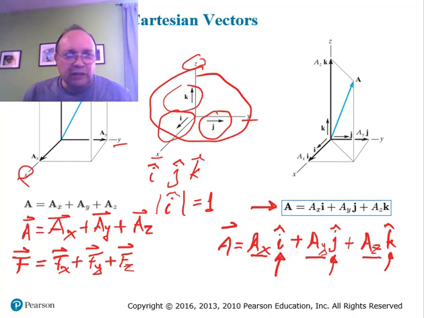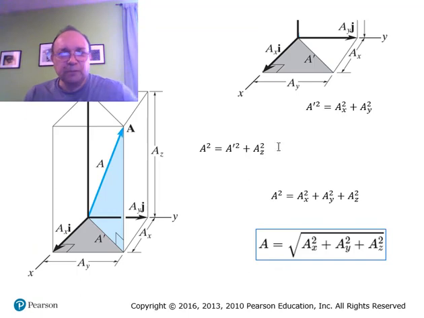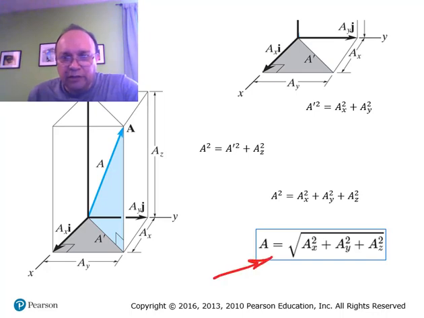Let's take a look at another equation that's going to be very important here. This equation is also very useful: the magnitude of a vector can be found by the Pythagorean theorem as the square root of the sum of the squares of the components. And this is very easy to demonstrate.